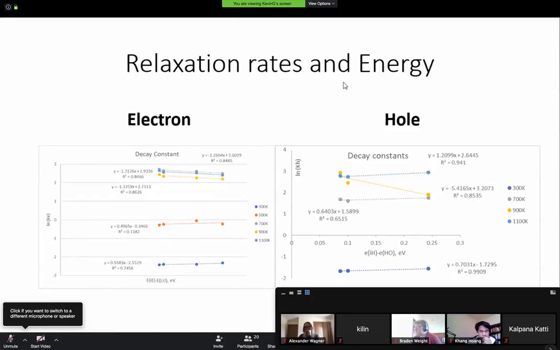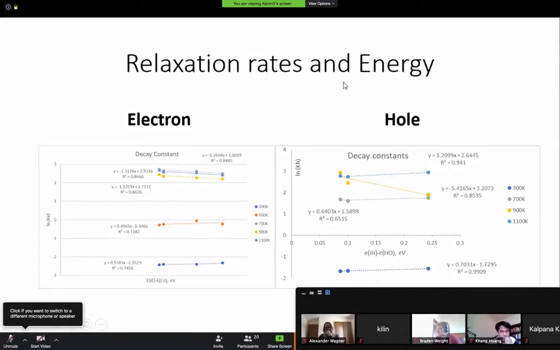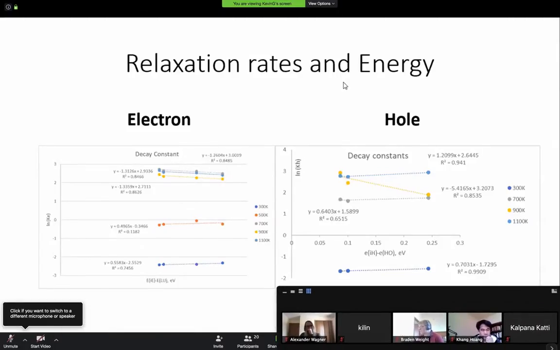Okay, and finally, I'm studying how my relaxation rates are changing with my energy. So relaxation rates for my electron and my electron hole, and I've seen how they're changing with energy. One thing I see here is that the band gap law, which is what I showed you guys earlier, seems to only apply to electrons at higher temperatures.